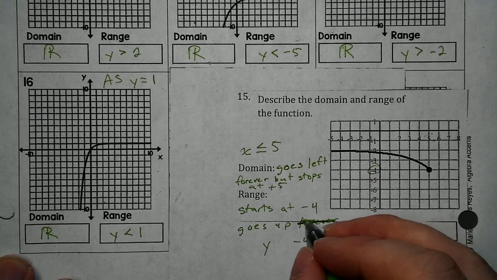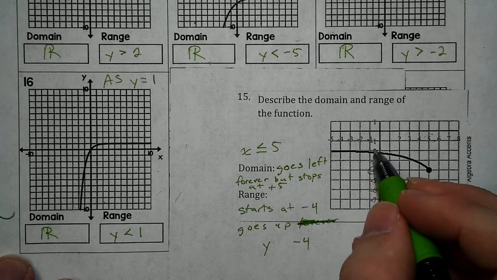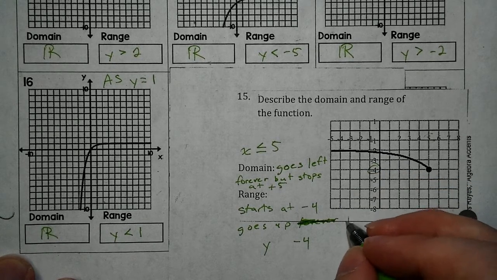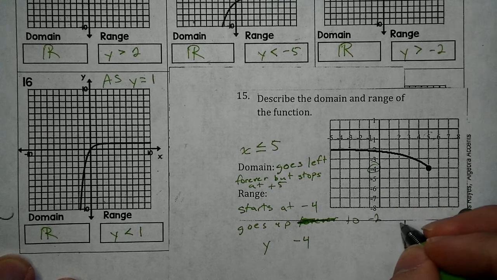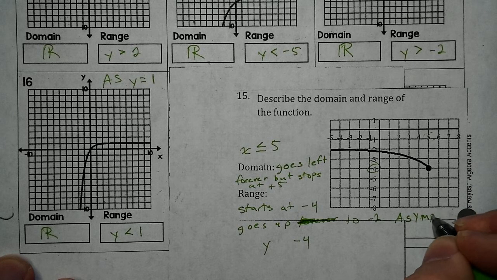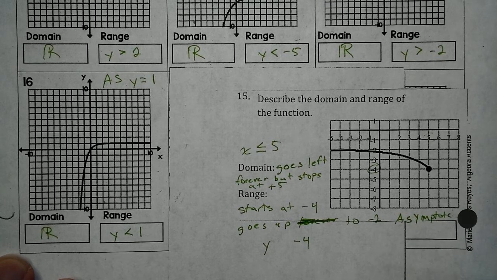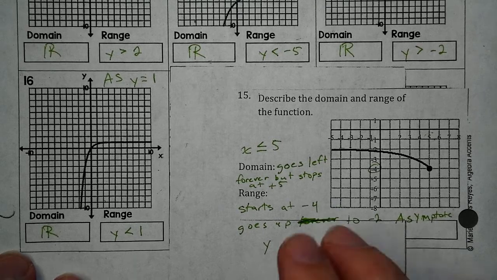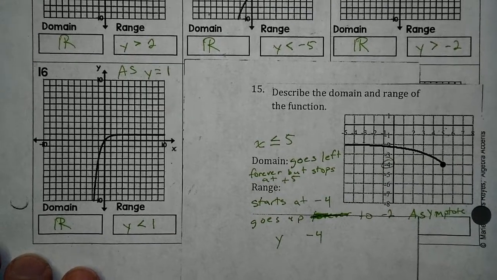So I actually miswrote that. It has this asymptote here at negative 2. So we're comparing our y's. Now we have 2 stops.